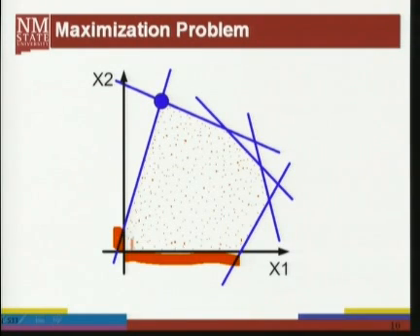Suppose the optimal value has been found right here. Okay? In this case, starting from the origin, if you choose x2 to be increased, then you will reach the optimal point within 2 iterations. First iteration, you reach this point, and next iteration, you can reach the optimal solution.